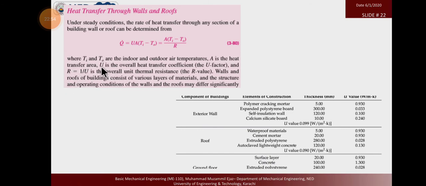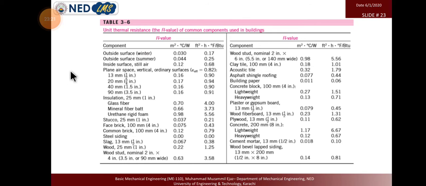To get U from the resistance, U equals 1 over R, and to get R, R equals 1 over U. So if we know the resistance of different materials, we can calculate U, and if we know the U factor of different materials, we can get the overall resistance of the wall or roof. Now these are the R values of different construction materials, like the outside surface in winter and summer.